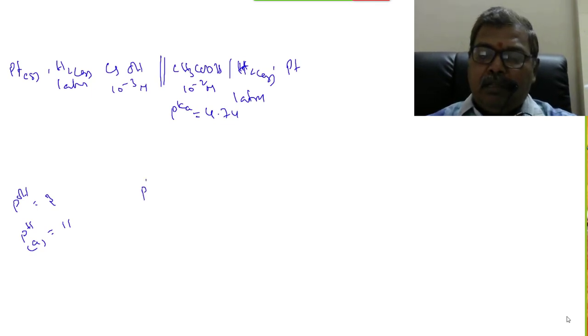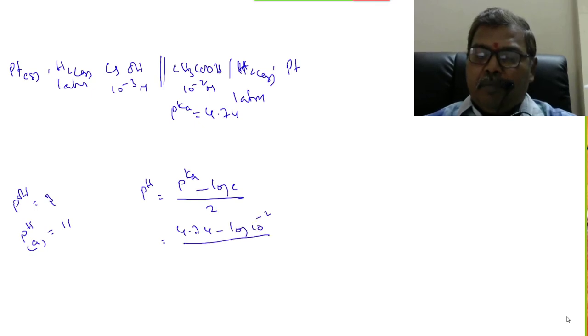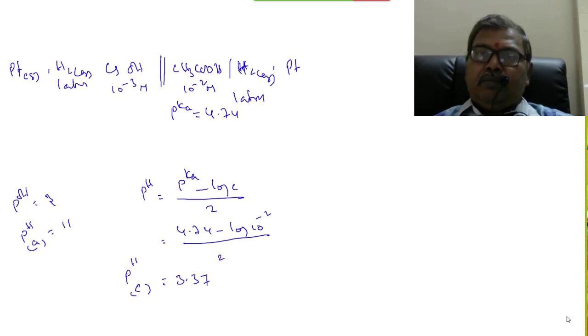Apply the formula pH = (pKa minus log C) by 2. So 4.74 minus log 10 power minus 2, by 2. So 4.74 plus 2 is 6.74, by 2, 3.37. So this is the pH of the solution in the cathode half cell.